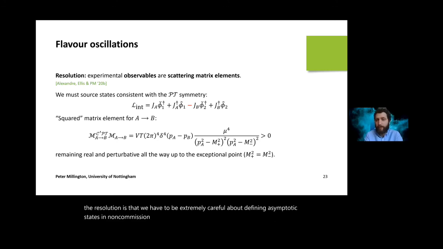We have to be careful about defining asymptotic states for particles that undergo mixing anyway, but this seems to be even more problematic in non-Hermitian theories. And so what we can do instead is think about what we can actually observe experimentally, so what the physical observables are, and these correspond to scattering processes.